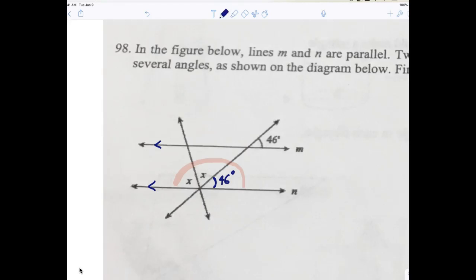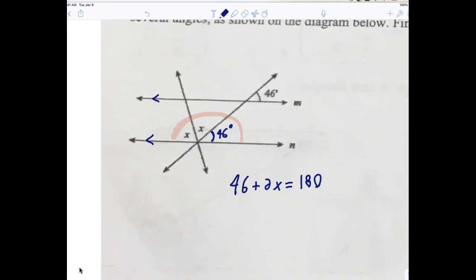Very good. Put it on one side. Now what? Minus 46 on both sides.